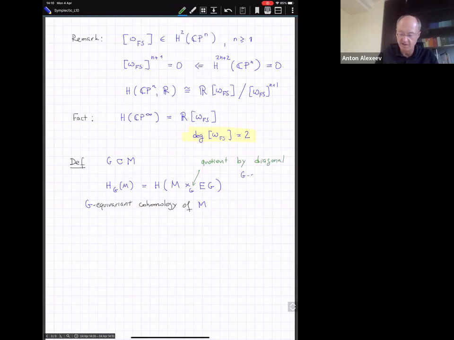Note that this diagonal G action is necessarily free, because it's already free on EG. On M, it can be free or not necessarily free.